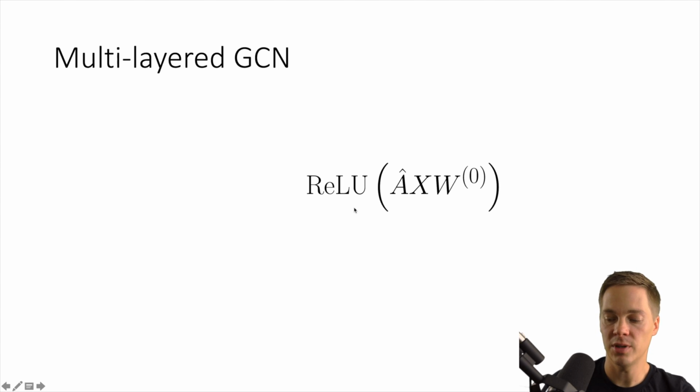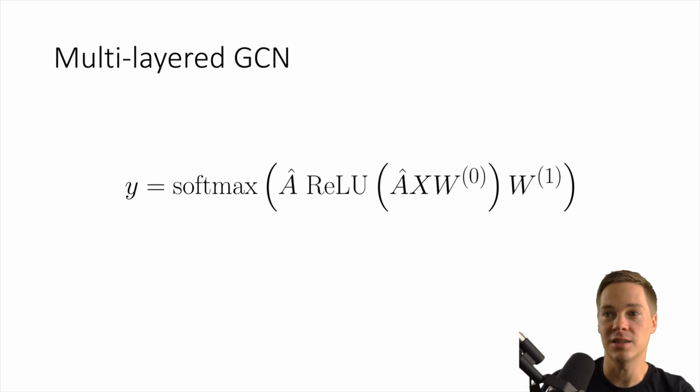This can become the input to our next layer, where, again, this takes the place of X. On the left we have our graph structure, on the right our set of parameters for this layer, and then our nonlinear activation function, in this case softmax, if we're doing multi-class classification.